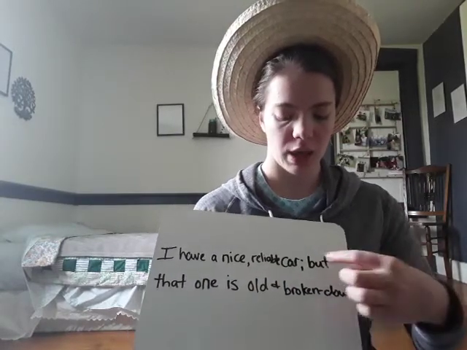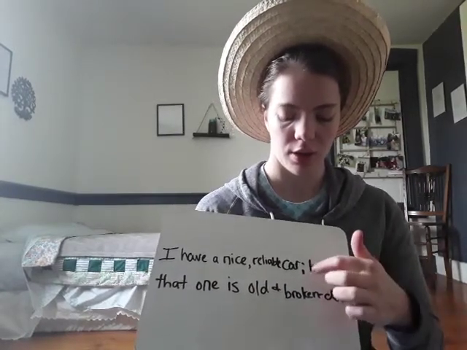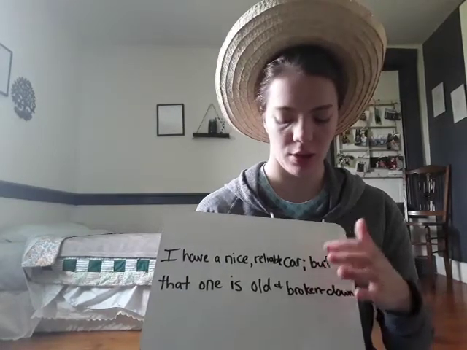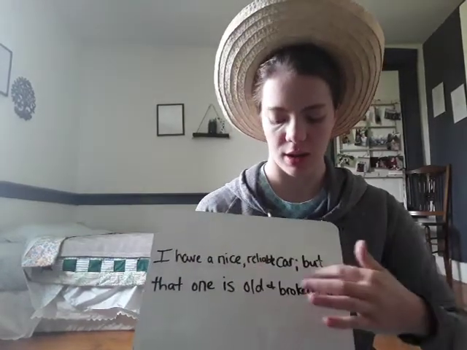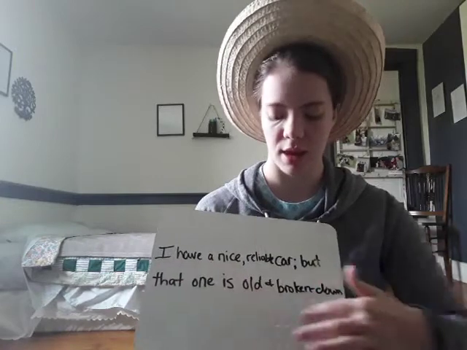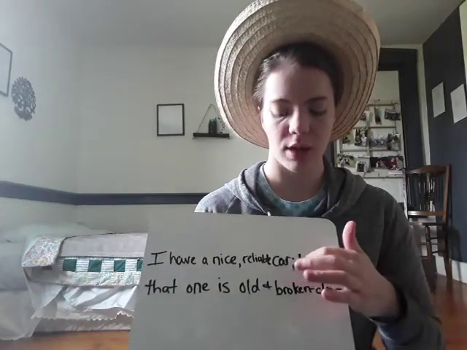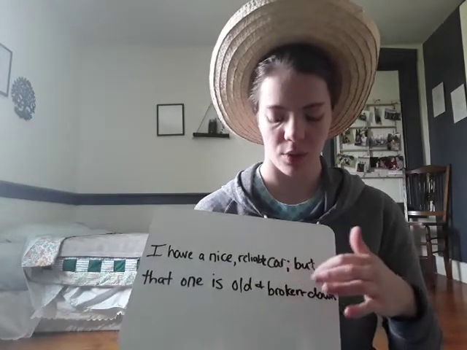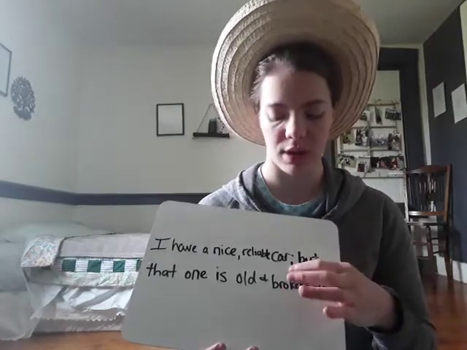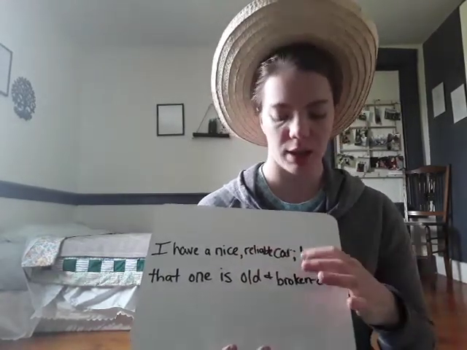Now, my two sentences are joined right here. To make it clear that this is the first sentence and this is the second sentence, we need to use a semicolon where the sentences are joined. So I use a semicolon there instead of just a comma, and that makes it clear that's where my two sentences are joined.